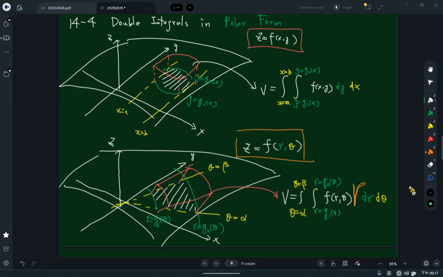So the whole integrand is this one, compared to this one. Today I don't have time to explain why we need to add r, so next Monday I will explain it. Please make sure that once you encounter a polar form like this, remember to add r to your integrand.